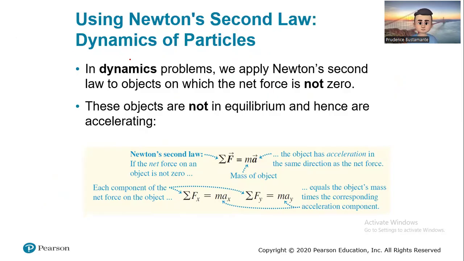So these objects are not in equilibrium and hence are already accelerating. Therefore, instead of putting zero here, we're going to put the mass times acceleration. The same also for the components along x: the net force along x is equal to the mass times acceleration along x, and also for the y component.